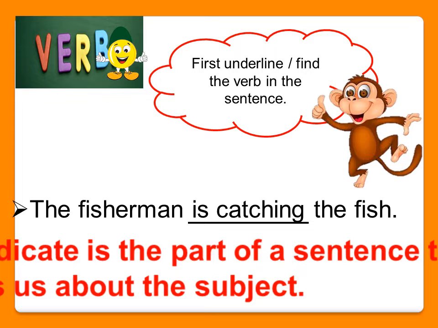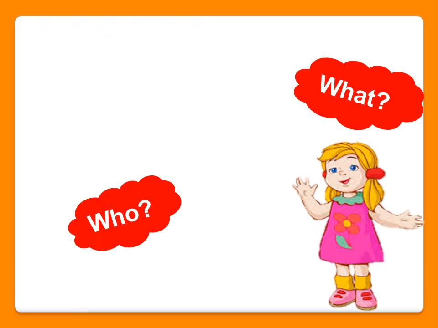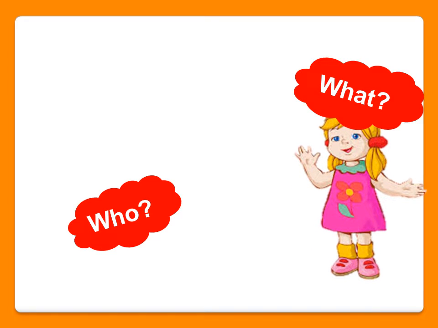Well, a predicate contains verb or what the subject is doing. In short, predicate is the part of a sentence that tells us about the subject. Then ask the question starting with who or what and place the verb at the end.